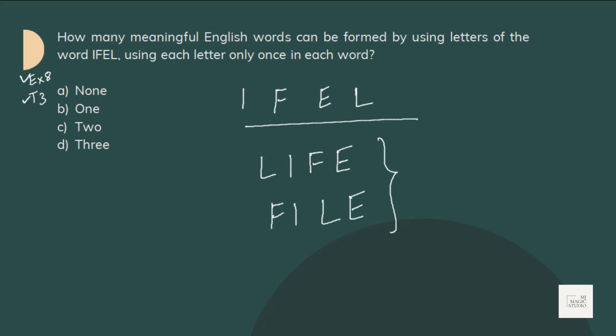We can frame 2 meaningful words. So I'll mark option C. Can I have one more out of this? Yes, LIEF is like an adverb. So this is also a meaningful English word. So here we can see we have 3 words formed with the given alphabets. I'll mark D.